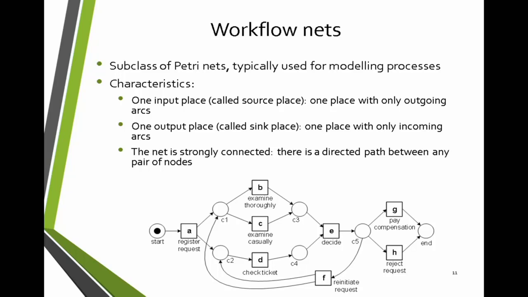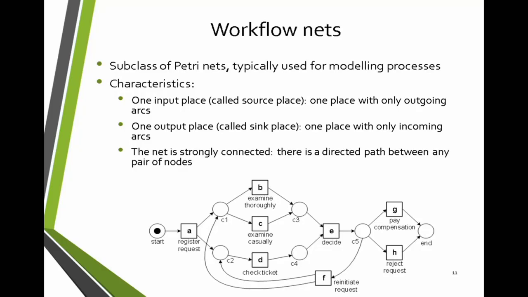You have such a workflow net in case you have an input place and an output place. That's the first 2 conditions. The input place means that you have a single place with no incoming arc. So the definition of a start place, also called a source place or an input place, is the fact that you have in your entire model only one place which has no incoming arc, only an outgoing arc, or multiple outgoing arcs.